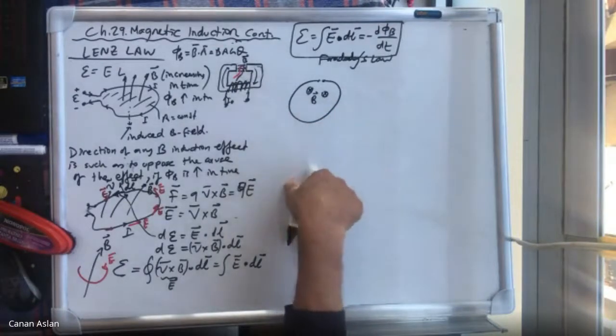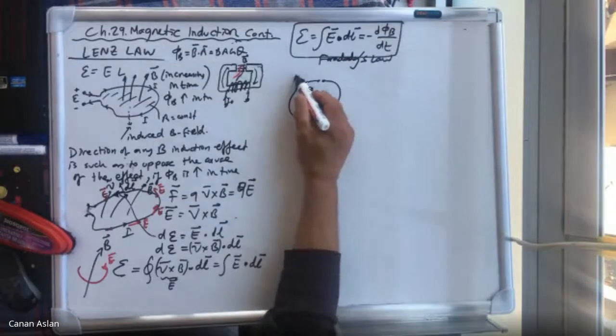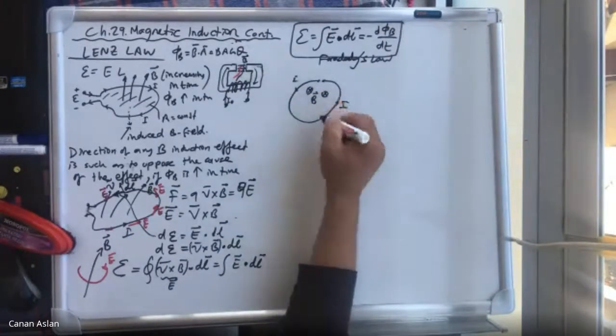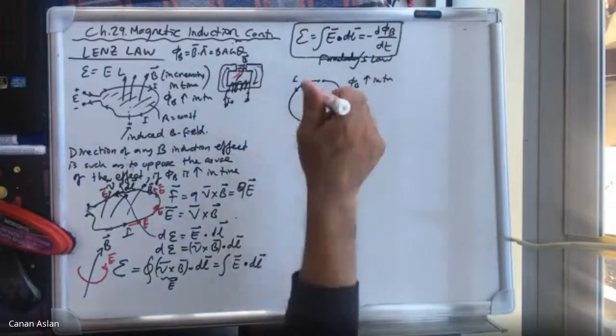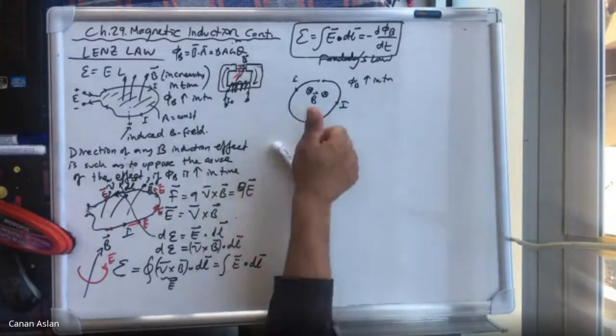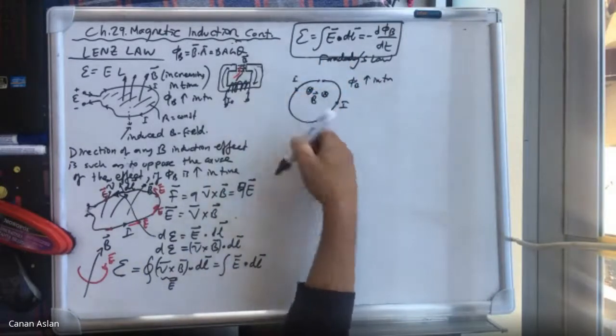So we will have the current circulating this way to create the induced magnetic field. Don't forget the flux increases in time. The magnetic field is downward, so the induced magnetic field will be upward. To create the upward induced magnetic field, the current should circulate like that.